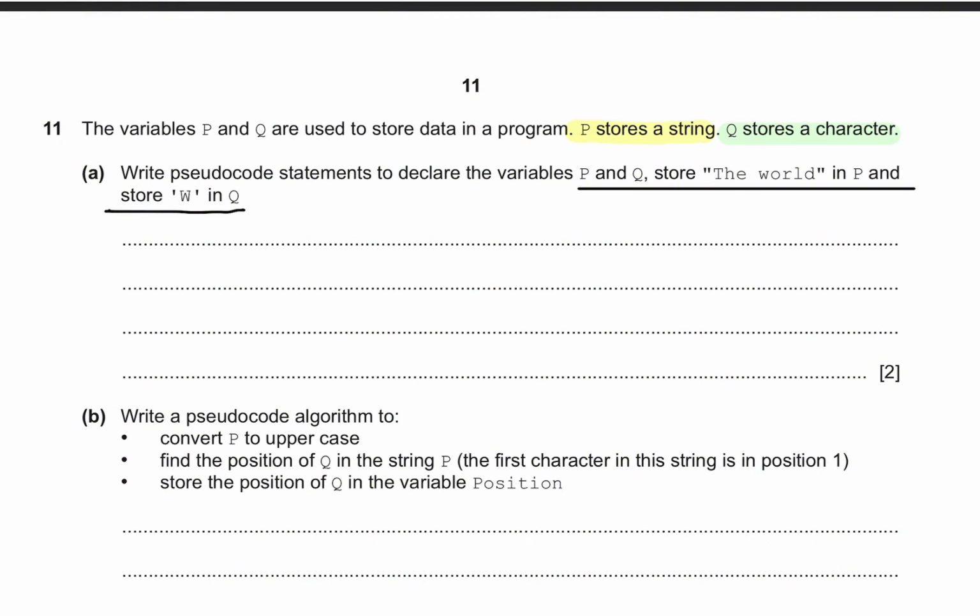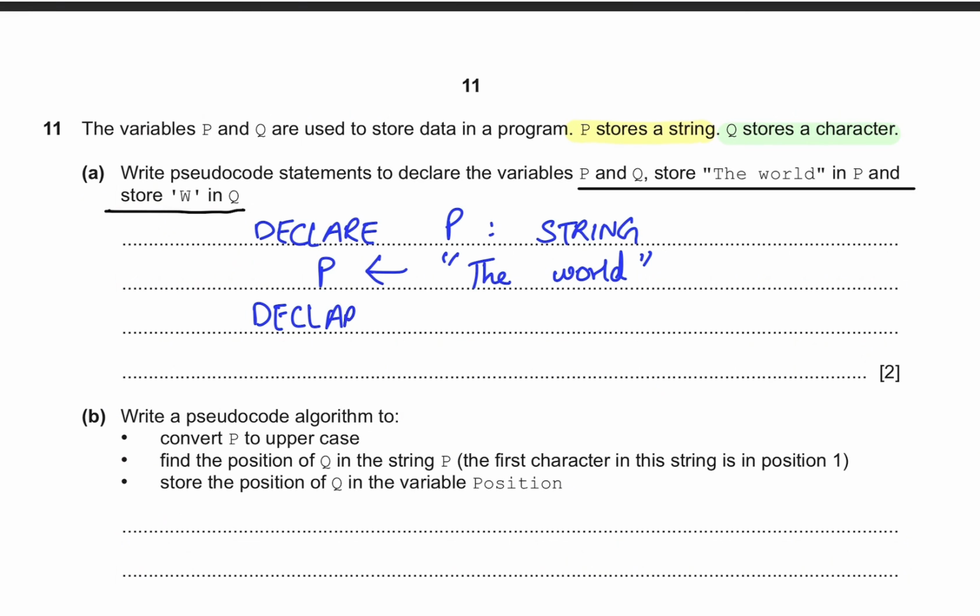Declare P as string, and P becomes the word. Declare Q as char, and Q becomes W. All right, Q will become W.